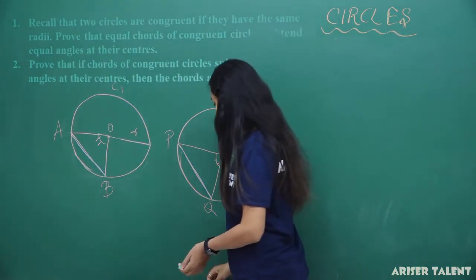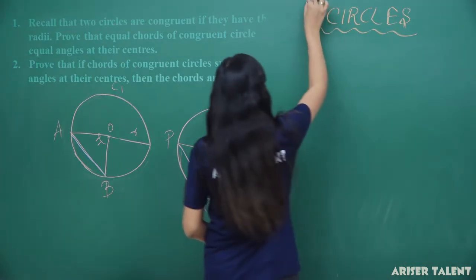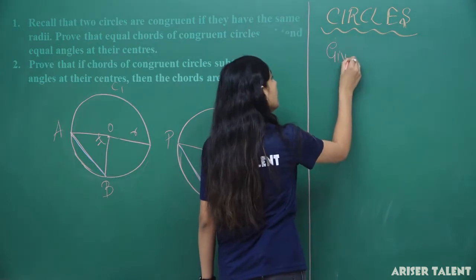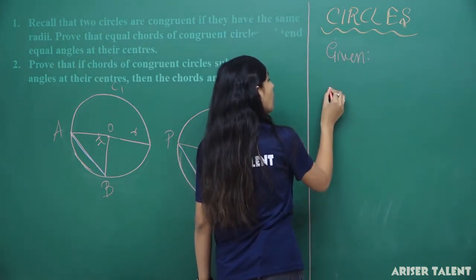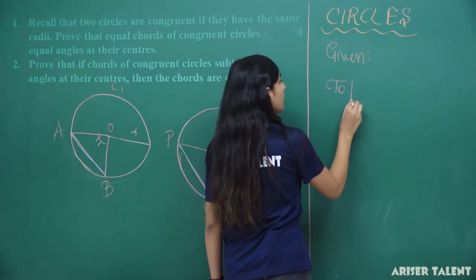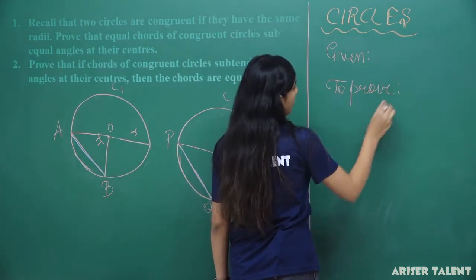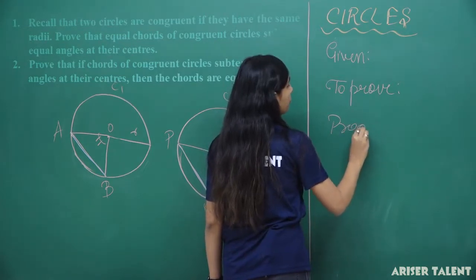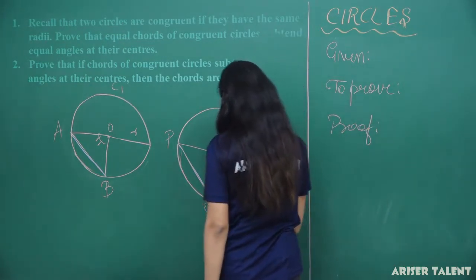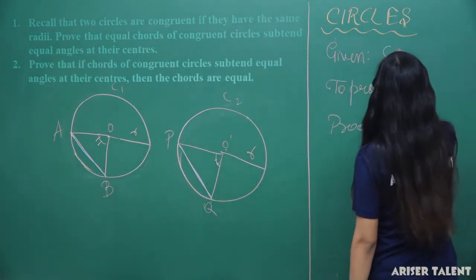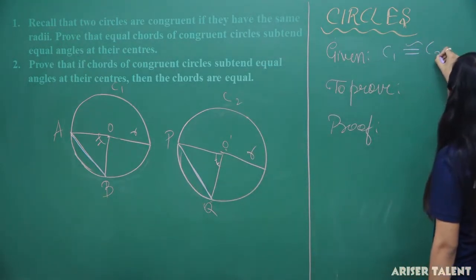Okay, right. So what we'll do, we'll write the information which is given, then we'll write what we have to prove, and then we will be writing the proof. So talking about given things, we have given C1 is congruent to C2.